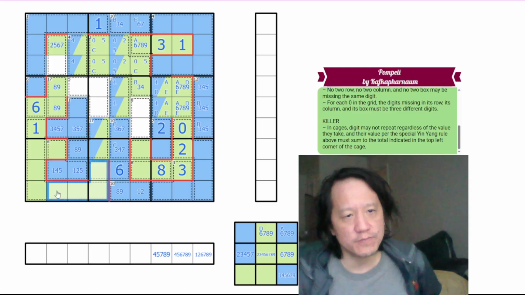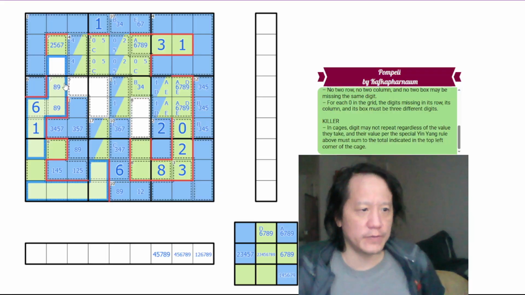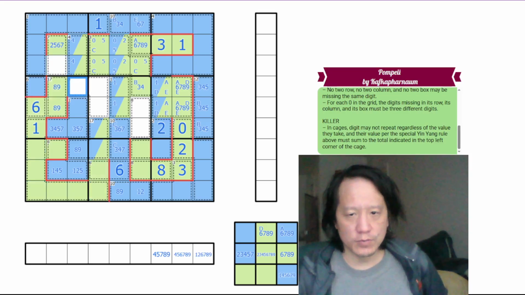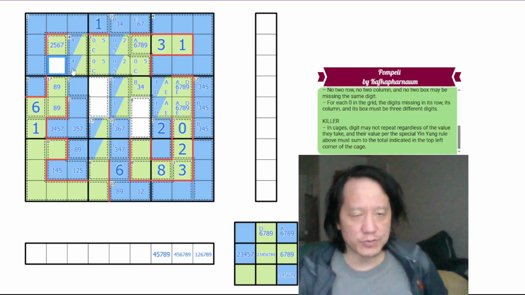That means this has to connect somewhere else. If this is blue, so what happens if this is blue? Then this has to be green. We know one of these is blue, and then it must be a blue-green pair.